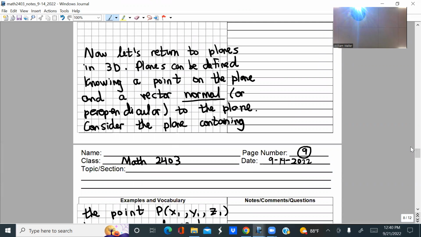A plane is like the easiest surface in 3 dimensions. You can imagine much more exotic surfaces, but a plane is the simplest surface in 3 dimensions. So that should be the easiest one to write down an equation for, right? And it does turn out to be really simple.